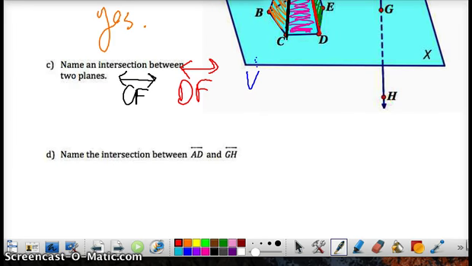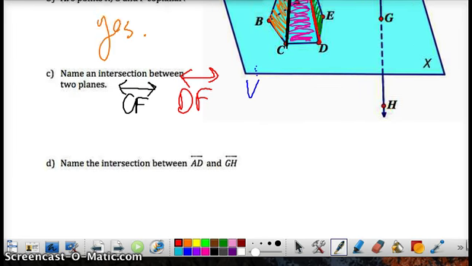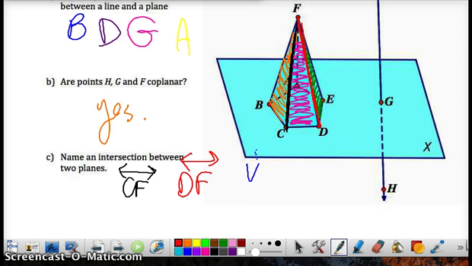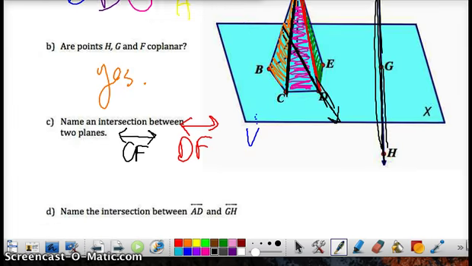Okay, the last one, name the intersection between line AD and line GH. So this is line AD, and line GH is over here. So GH is going through this plane. AD is on the plane, so will those 2 lines ever intersect?